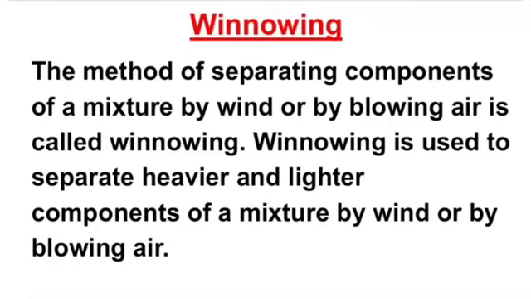Winnowing is used to separate heavier and lighter components of a mixture by wind or by blowing air. Means in this method we separate the impurities with the help of wind or by blowing air. The impurities which are lighter are blown away by the air, and in this way we can separate the two components from a mixture.